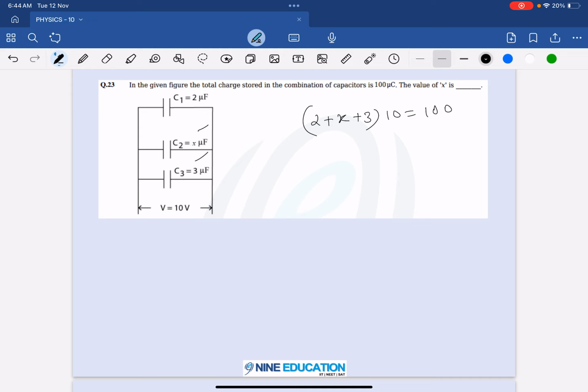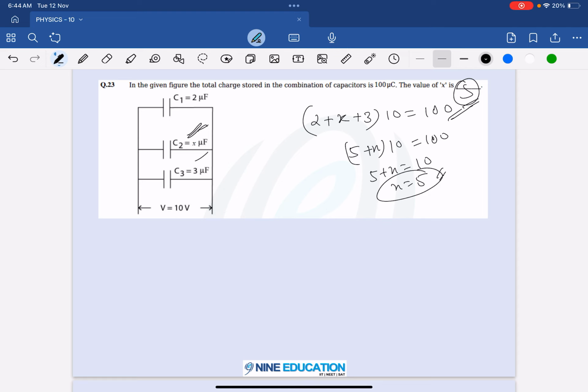So this becomes (5 plus x) into 10 equals 100, right? So 5 plus x equals 10, so x equals 5. This value of x will be 5 microfarad, because the charge was in microcoulomb. So the value of x has to be 5.